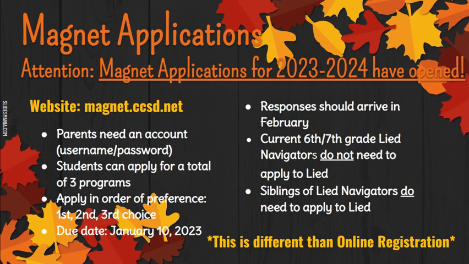So 5th graders that are applying to LEAD need to fill out the magnet application. For 8th graders applying to magnet high schools or career and technical academies, their parents need to fill out the magnet application. So if you have a 6th or 7th grader right now, they're ours, and we keep them until you withdraw them or they move on to high school.